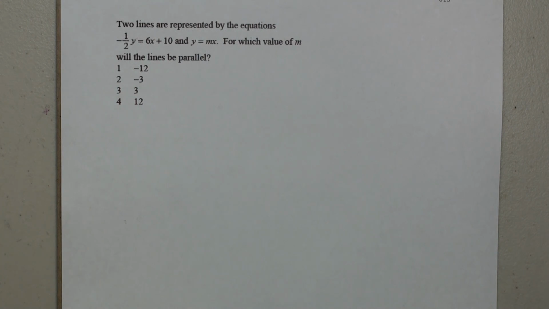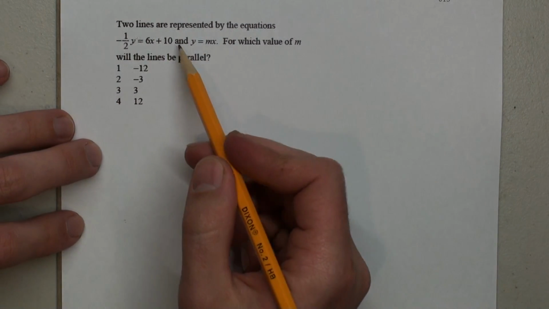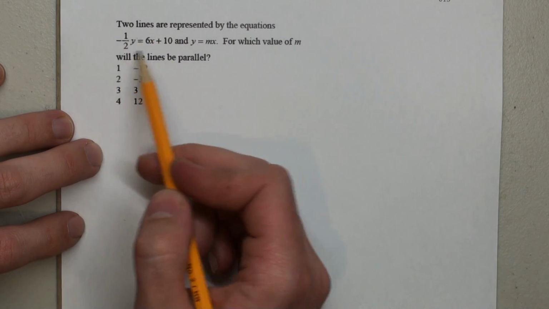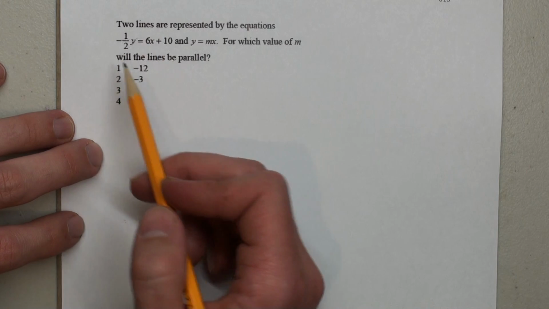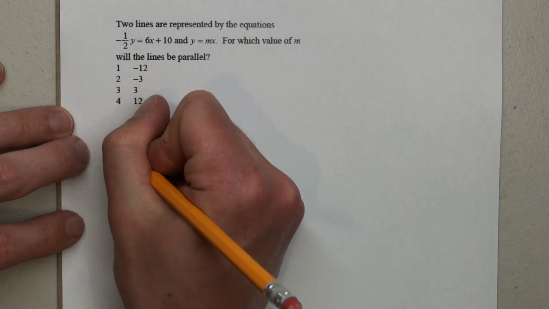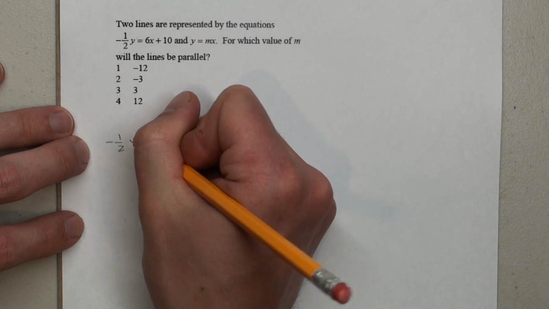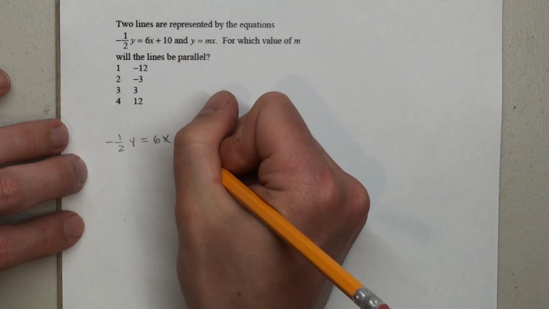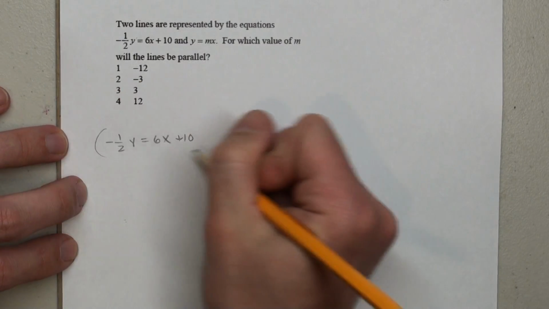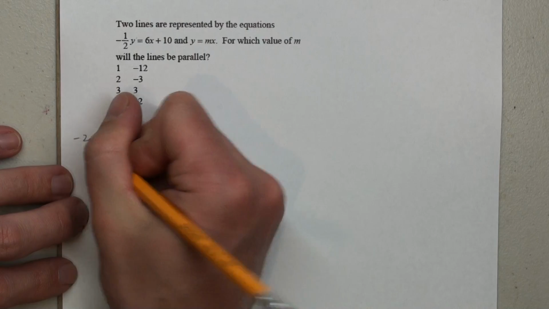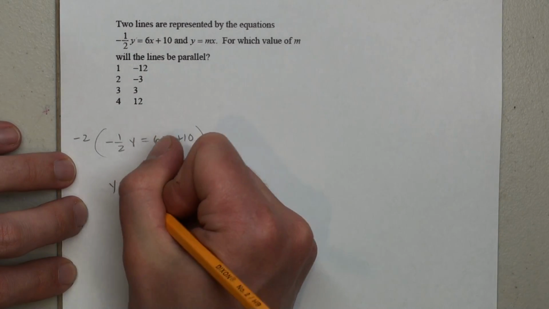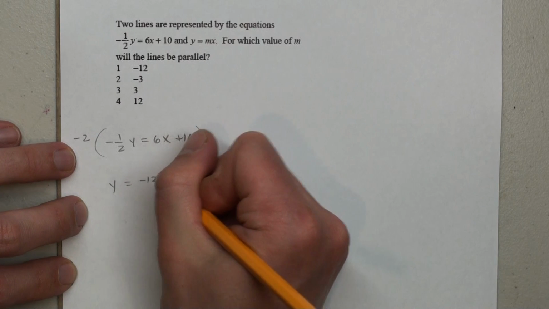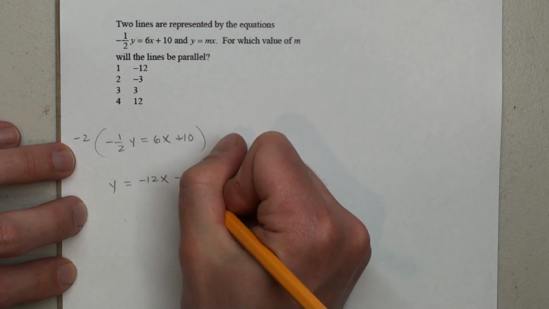All right, so we want them to be parallel. That means they have to have the same slope. So if we figure out the slope of this line, then we know what m has to equal, because it has to equal the slope of this line. So if I have negative 1/2 y equals 6x plus 10, I'm going to multiply this whole equation by negative 2. All right, that makes this y equals negative 12x minus 20.